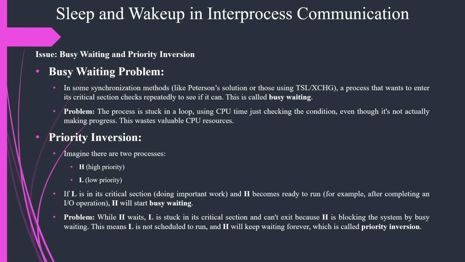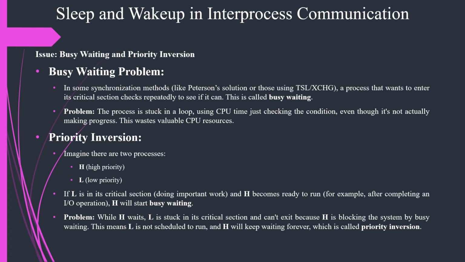So whenever you are dealing with inter-process communication, we have come across strict alternation, disabling of all interrupts, and lock and key mode, everything to make inter-process communication effective. Then we came across the Peterson solution, using hardware, and these are the crucial issues we are facing.